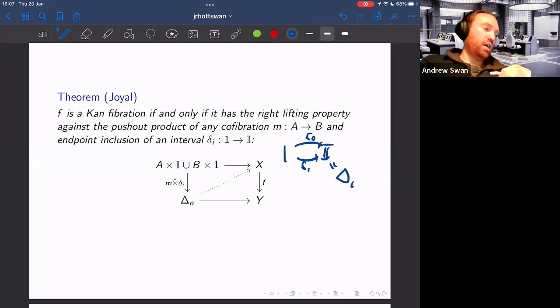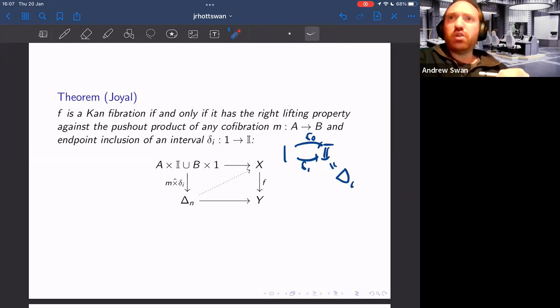Okay, and then if we have two maps, we can combine them together using an operation called pushout product. So I think this is originally due to Joyal, but I'm not quite sure about the history there. But in any case, we say that F is a Kahn fibration if it has the right lifting property against a pushout product of every map belonging to a class of monomorphisms that we call cofibrations, and the two endpoint inclusions.